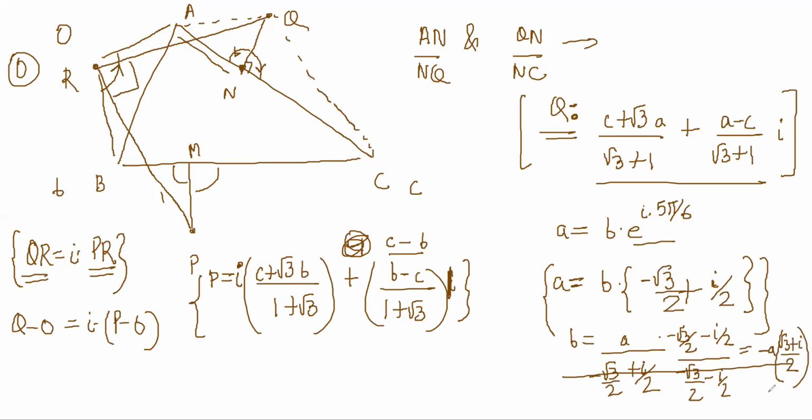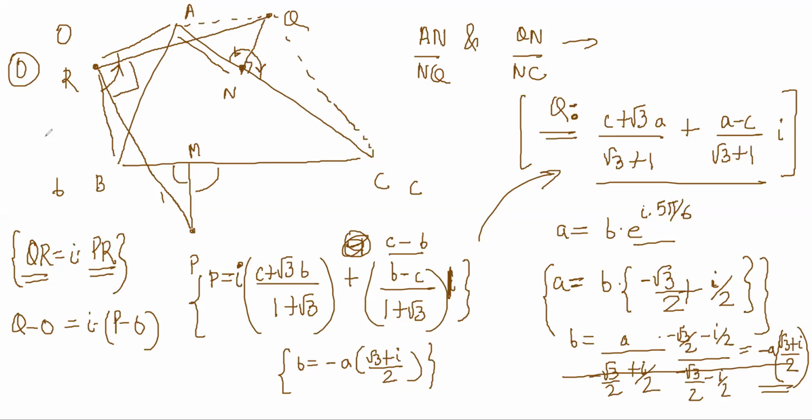B is basically equal to minus A into (root 3 plus i) by 2. Now think, if you put that here, B is equal to minus A into this, then I think it will turn out to be the same thing. I mean, you will have to check it a little bit, but I think it will turn out to be this Q. You can confirm it for yourself.